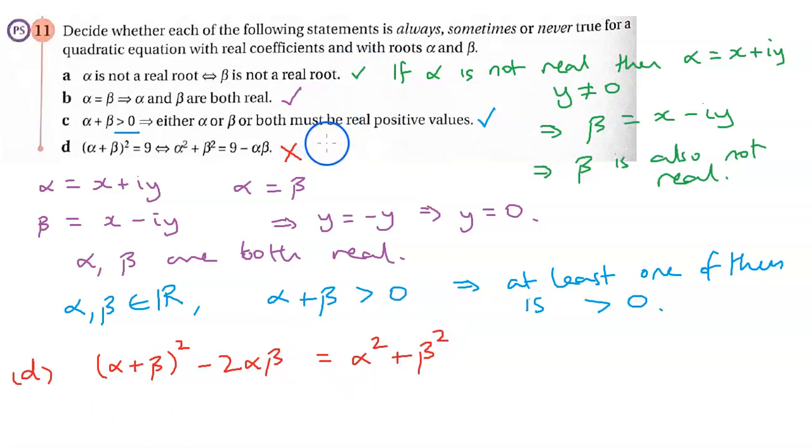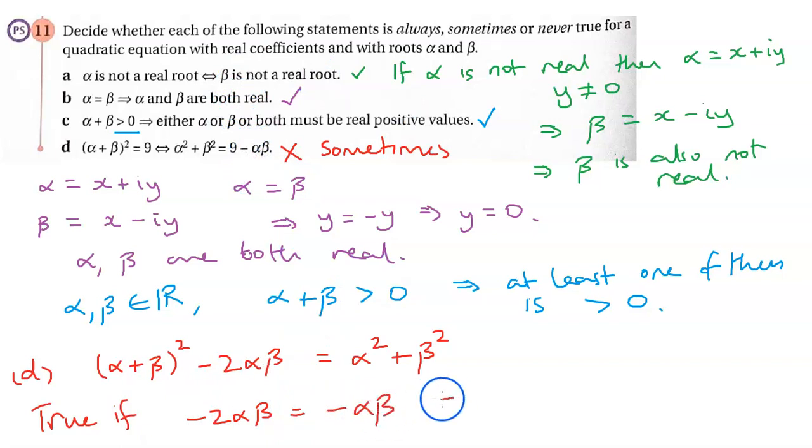Well, I guess we could say it is sometimes true, and it is true when we have negative 2 alpha beta. So true if negative 2 alpha beta is equal to negative alpha beta, which would imply alpha beta equals 0. So we have either alpha equals 0 or beta equals 0. So in that situation, I guess it would be true.